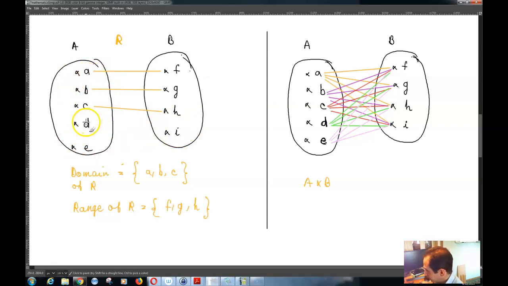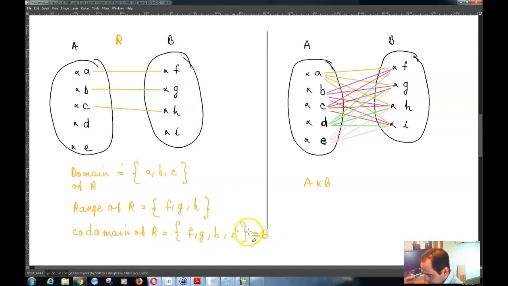Now, as a part of definition number 4, we said that the whole set B is called the codomain of the relation R. So the codomain of the relation R, therefore, is going to be equal to F, G, H, and I, and that's the whole set B itself.